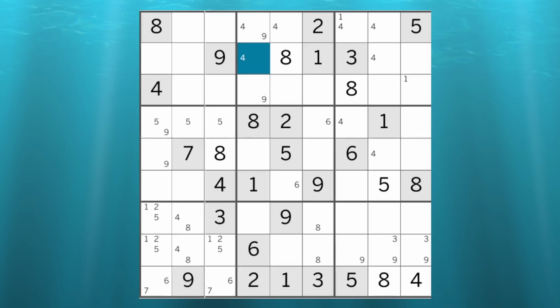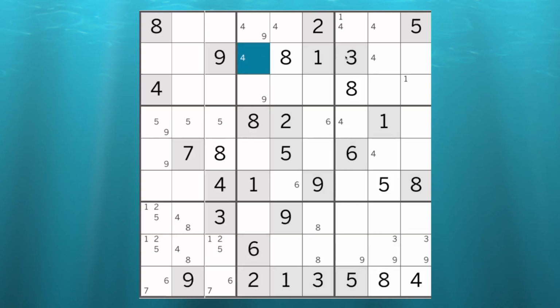So, let's go number by number and see if there's anything else we can add before we just figure out all of the candidates. Okay.